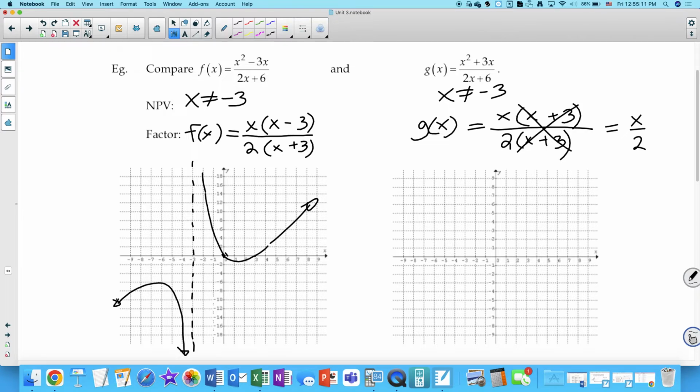So this one is going to look linear, except that there will be a hole when x equals negative 3. If you think about this in slope-intercept form, 1/2 x, the y-intercept is 0, and then you go up 1, right 2, up 1, right 2, up 1, right 2, down 1, left 2, down 1, left 2. Now here you have to be careful. This is where the hole is.